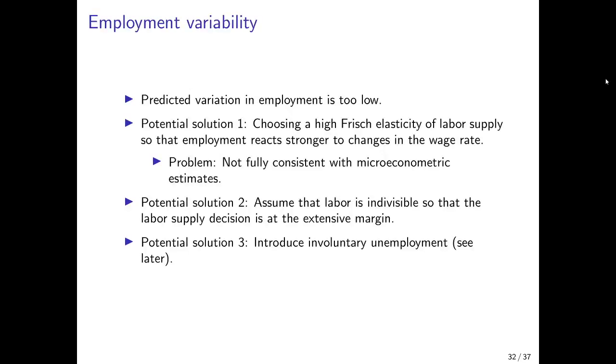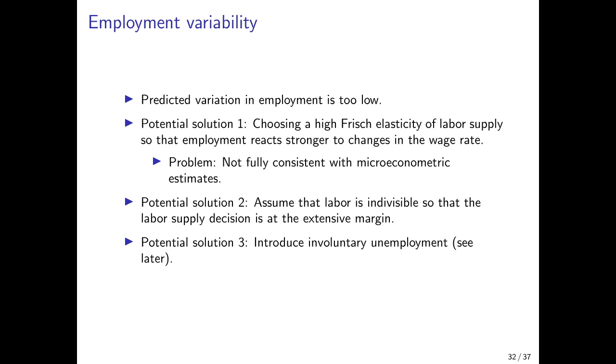One issue we've already touched upon is the variability of employment. This variability is much higher in the data than the model predicts. Now, there are a few solutions that one can follow. The first one would be to choose a high Frisch elasticity of labor supply in the utility function of individuals, so that individuals would be more willing to react to a wage increase in terms of higher labor supply than with a lower Frisch elasticity of labor supply.